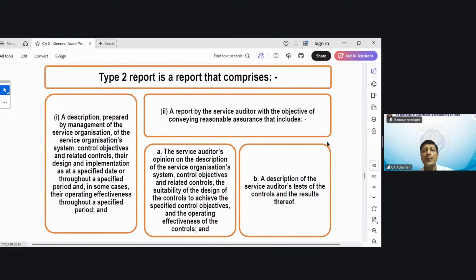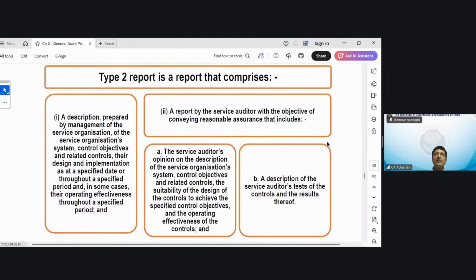Service auditor's opinion on the description of service organization system, control objectives, related controls, suitability of designs and controls to achieve the specified control objectives, and operating effectiveness of the controls, and on the top of it, a description of service auditors' tests of controls. Means what are the tests which the service auditor has performed and what are the results.